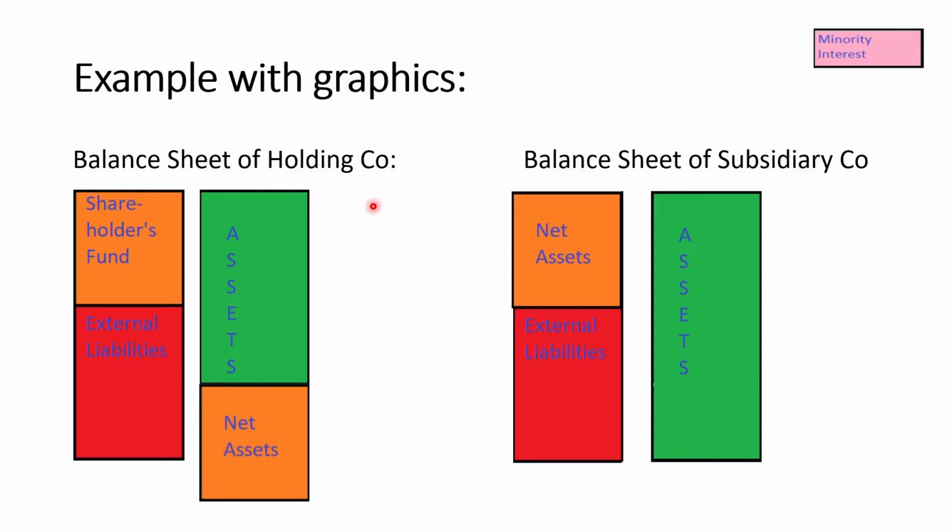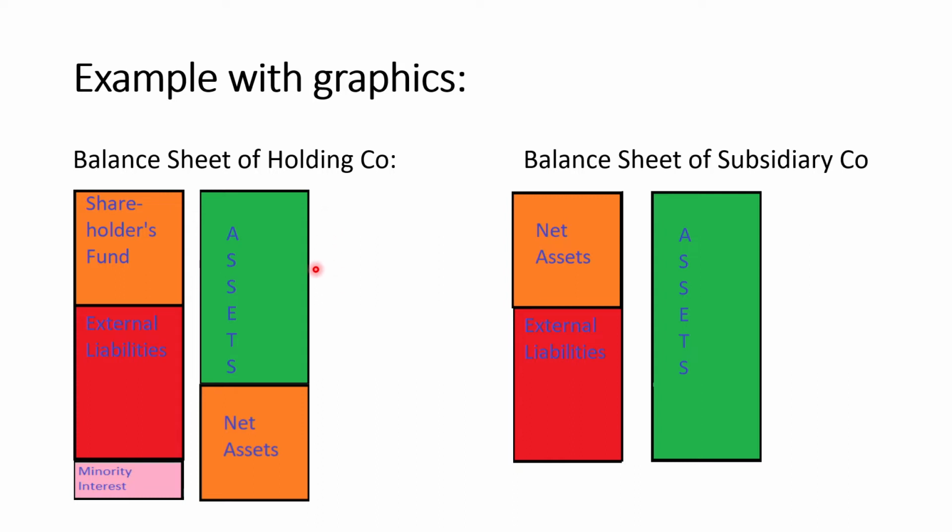So now I will have to create a separate liability in the balance sheet of holding company by the name of minority interest in order to match the balance sheet.